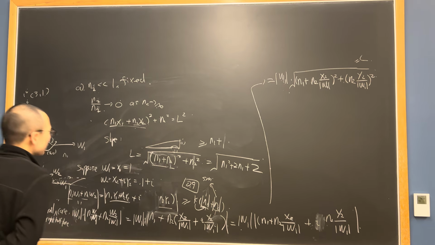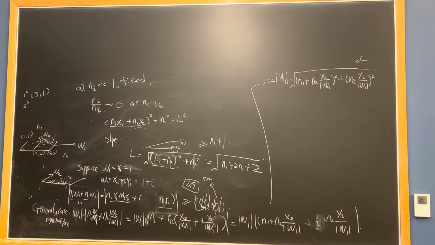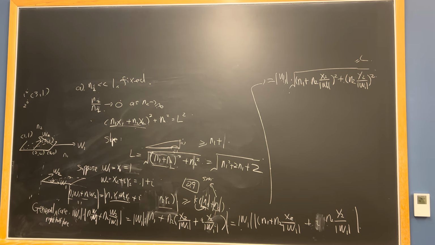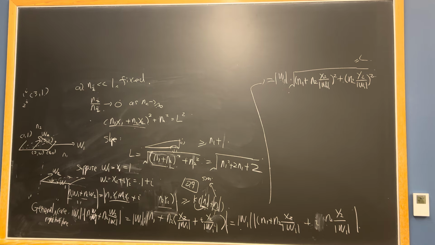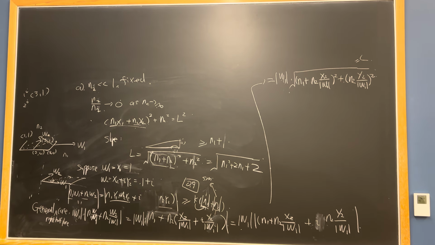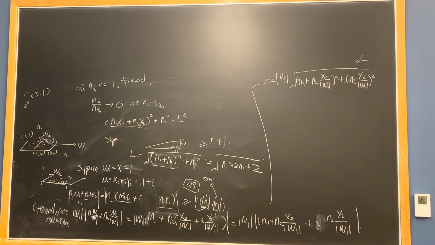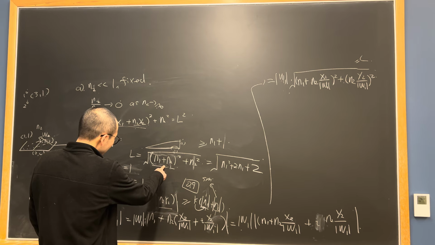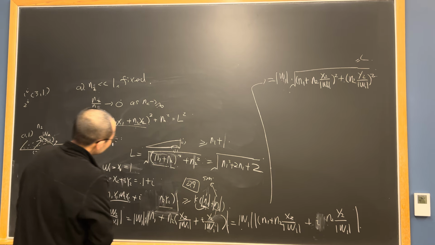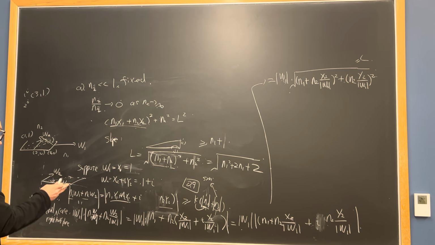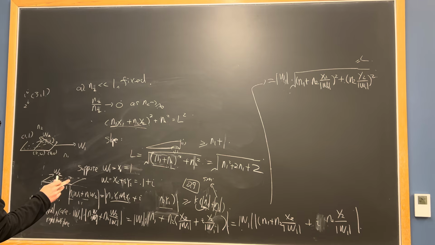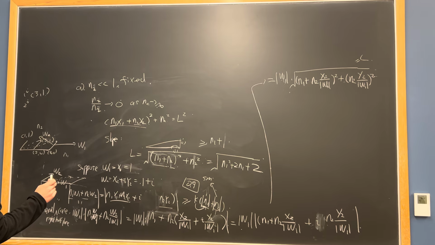Wait, shoot. So what happens if this N1, N2 is negative? Do I really have this? Oh, okay. So if it is negative, then this is definitely changed, right? Yes. So here I'm implicitly assuming that these N1, N2 are all positive. You want to add them together to form the sum like that.